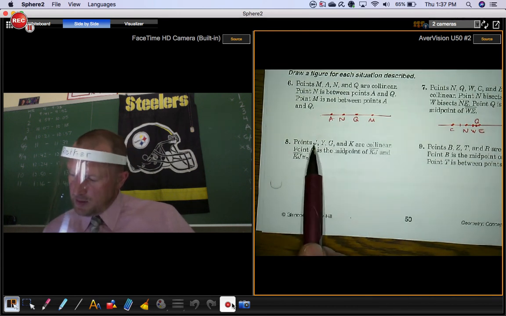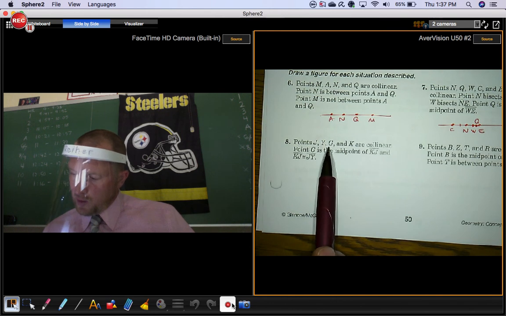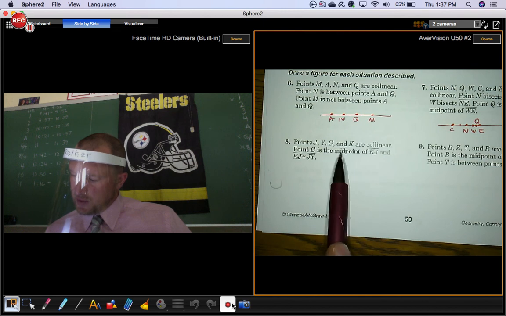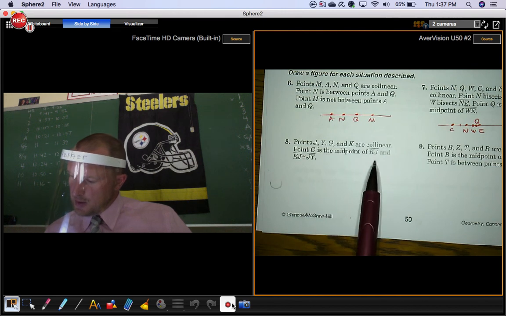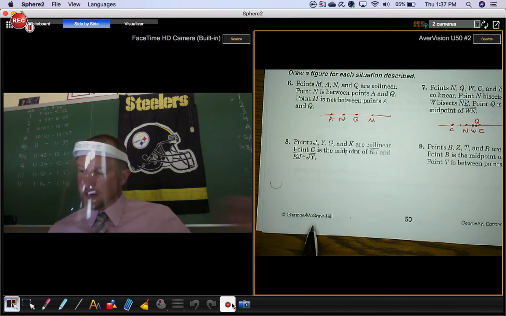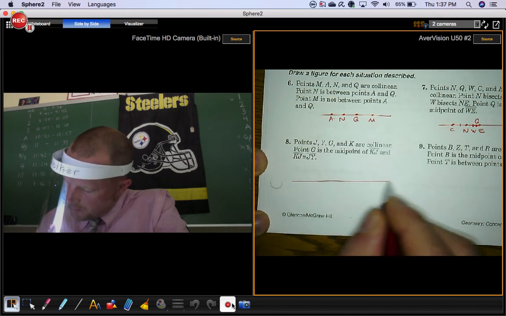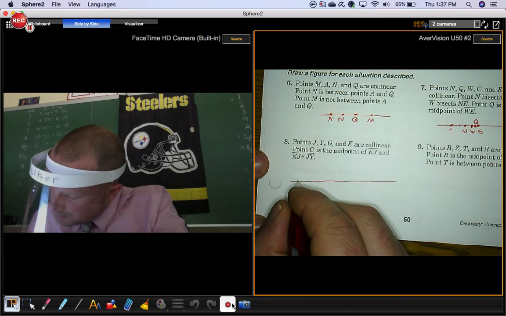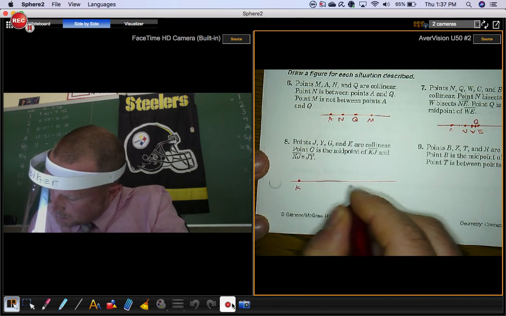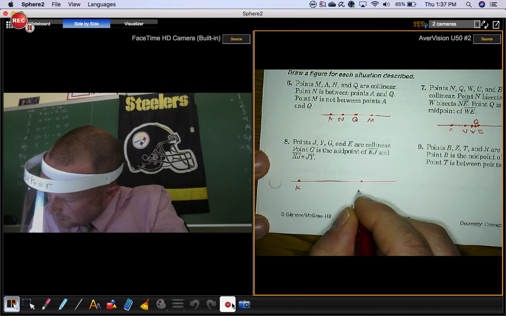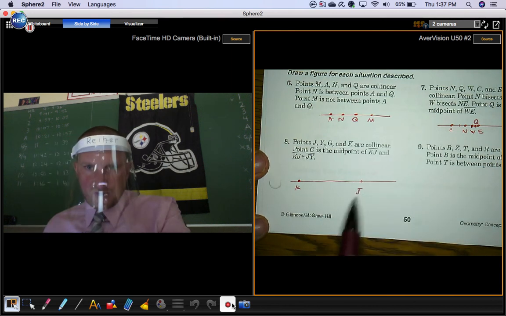Number 8, point J, point Y, point G, and point K are collinear. Point G is the midpoint of segment KJ, and they're telling you that segment KJ is congruent to segment JY. So maybe I'll spread this one out a little bit better. So there's segment KJ.